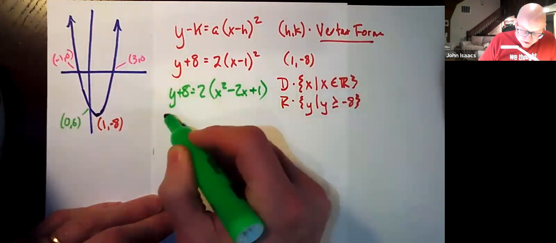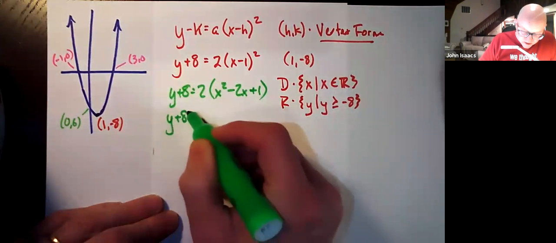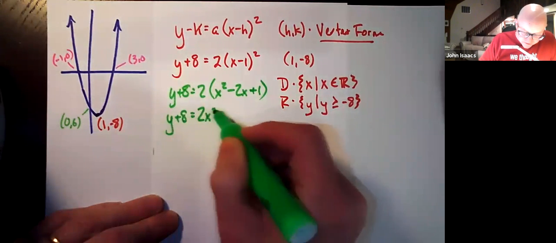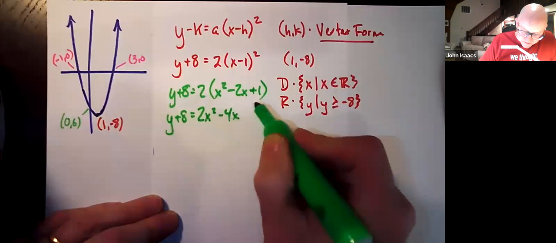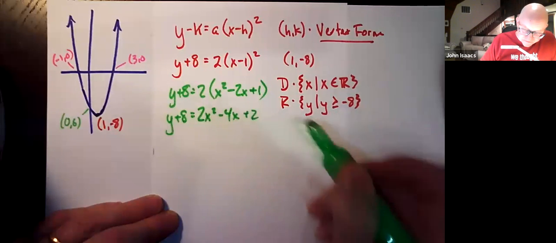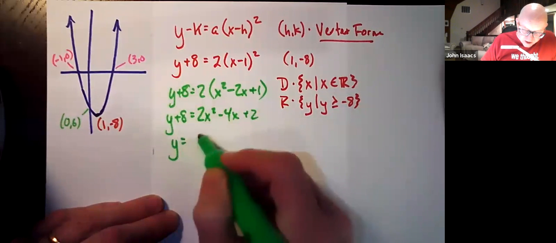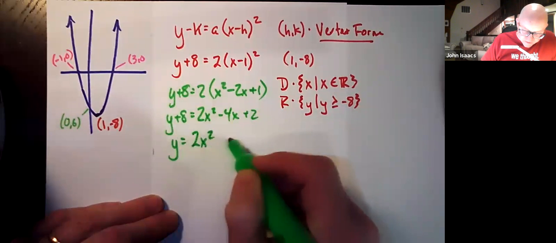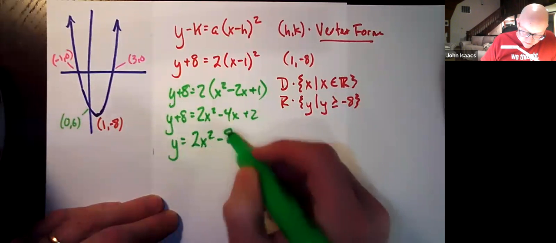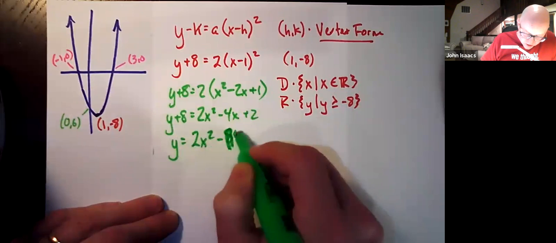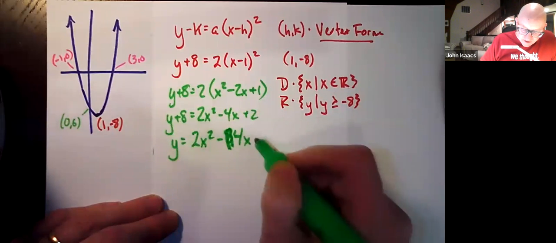Then we have to distribute the 2. y plus 8 equals 2x squared minus 4x plus 2. And then we also have to move the 8 over. So y equals 2x squared minus 4x, and then minus 6.